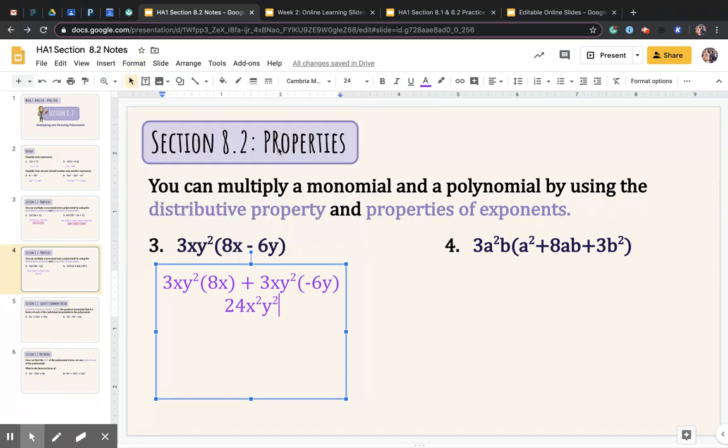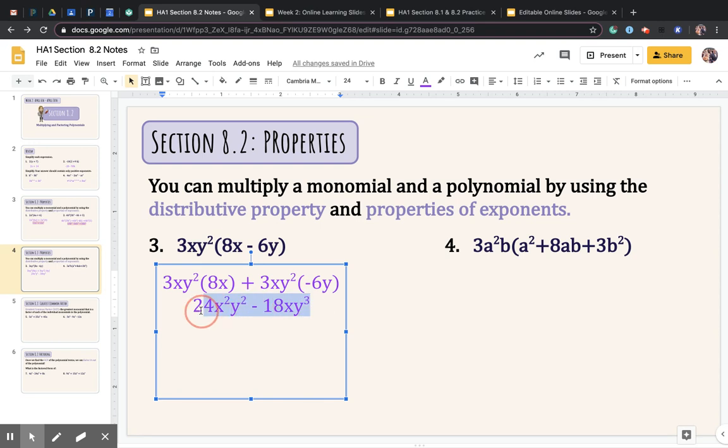Let's get rid of superscript. So that's going to be plus 3 times negative 6 gives us negative 18. I'm going to turn the subtraction. I have only one x, so that comes down. And then I have y squared times y, which is going to give me y raised to the 3rd power.